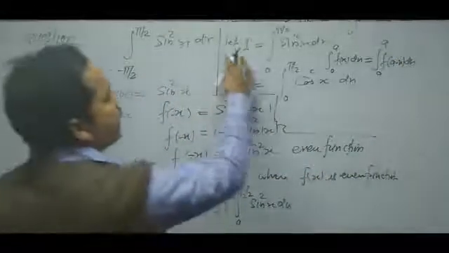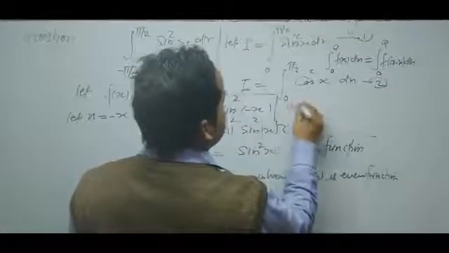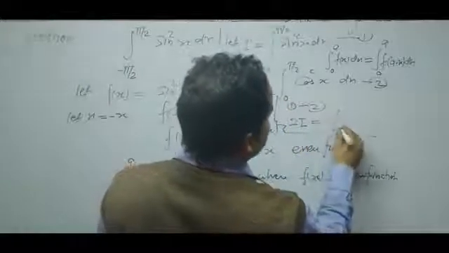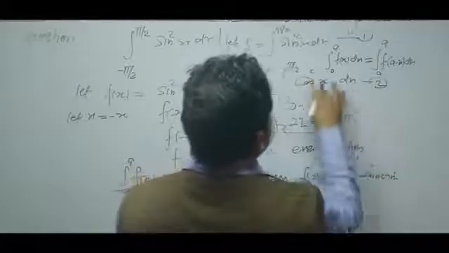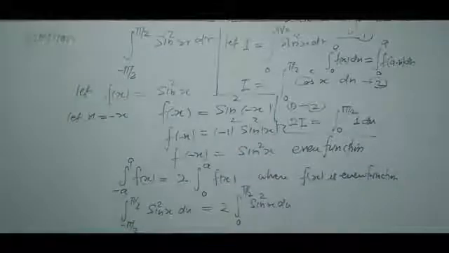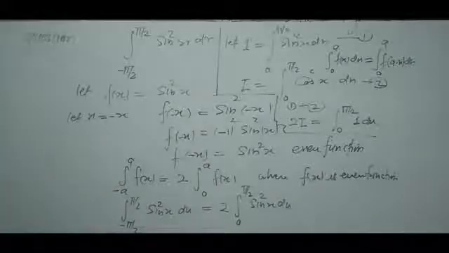And now when you add equation 1 and equation 2, you will get the integration over 0 to pi by 2 of (sine square x plus cos square x), which is 1, dx. Now the 1 dx result will be x, with limits from 0 to pi by 2.